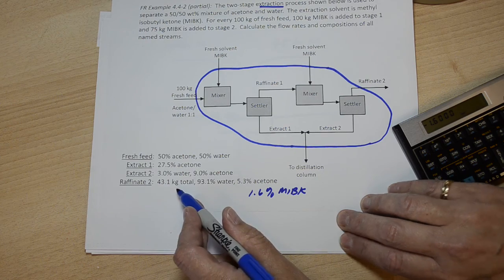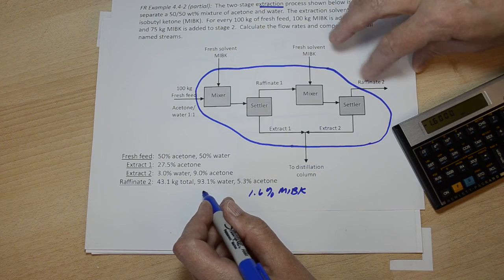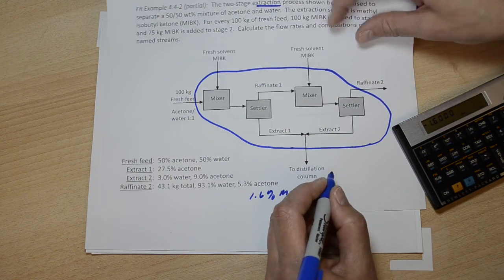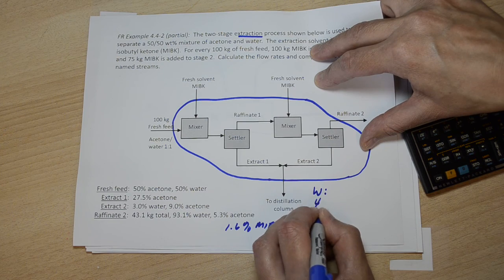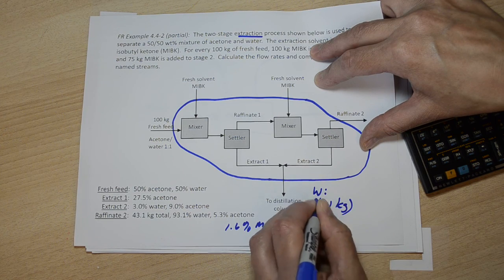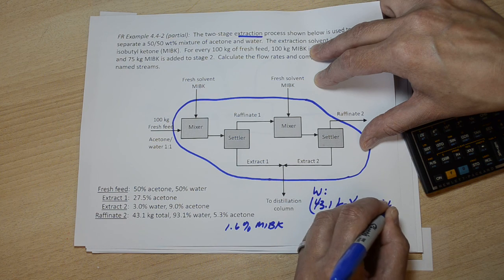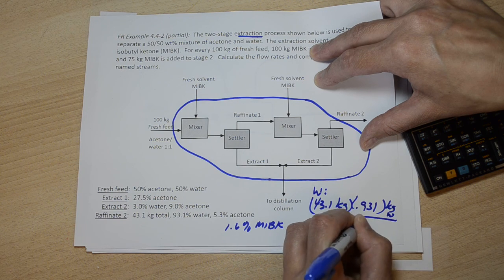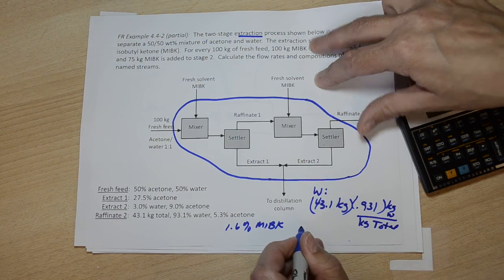I can also multiply these together, so if I want to know how much water there is in this raffinate stream, I can take 43.1 kilograms total times 0.931 kilograms water per kilogram total to get the total amount of water.